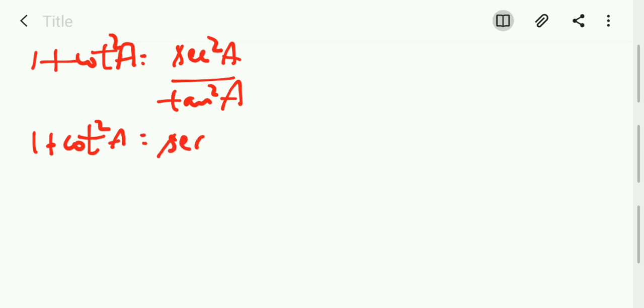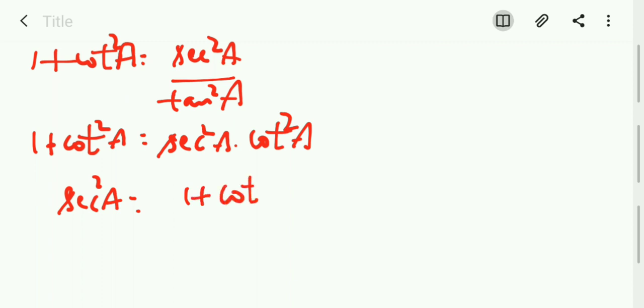So I can write it as secant square A into cot square A, right? Now this secant square A is nothing but 1 plus cot square A by cot square A.